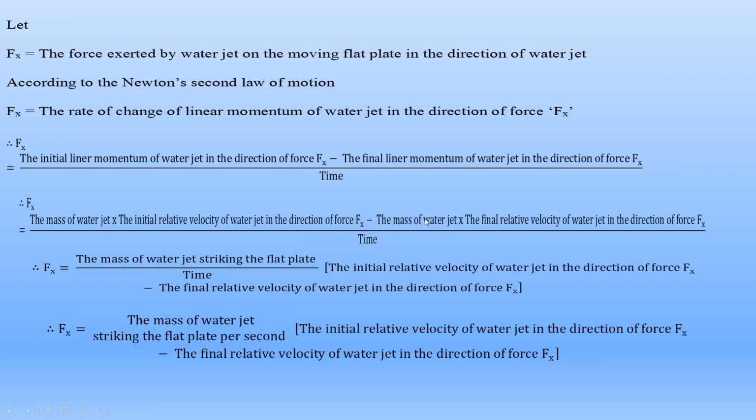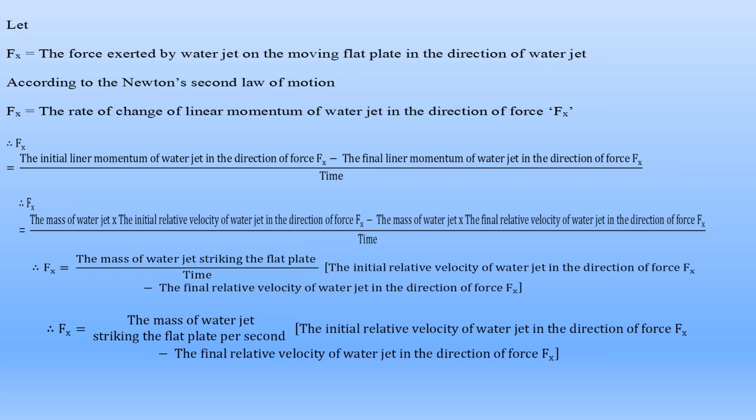So Fx is equal to the mass of water jet divided by time, into the initial relative velocity of water jet in the direction of force Fx minus the final relative velocity of water jet in the direction of force Fx.